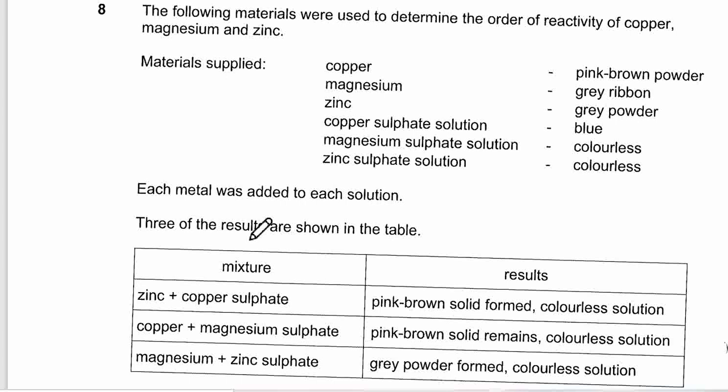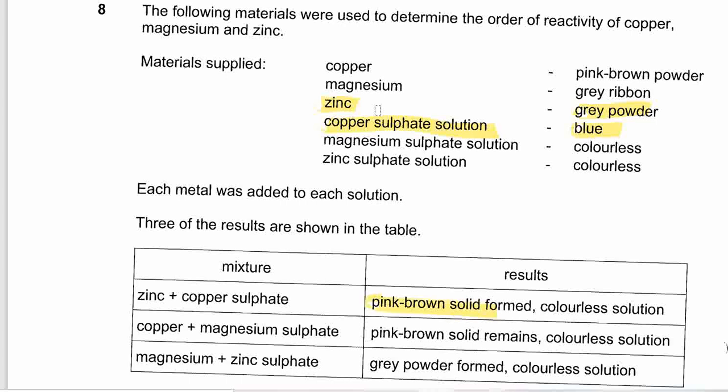Mixture: zinc and copper sulfate. The result is pink brown solid form and colorless solution. Let's check it out. Originally, zinc is gray powder and copper sulfate is blue. Now, after the mixture, the pink brown solid forms. So there is a reaction.